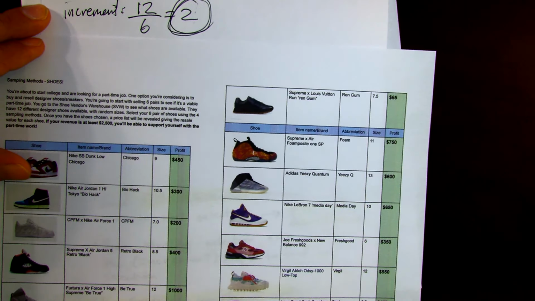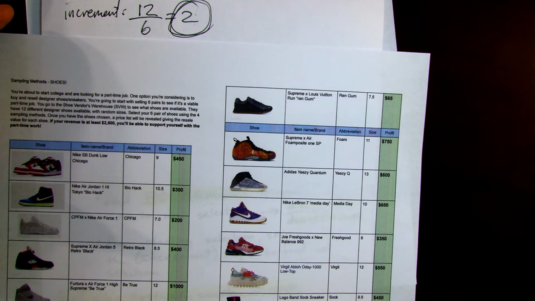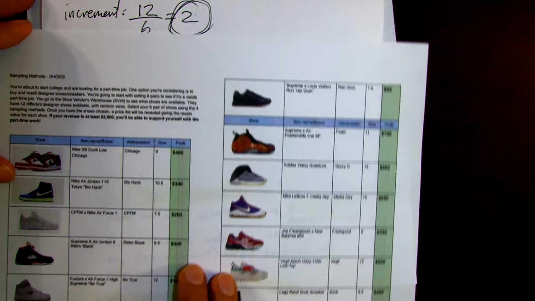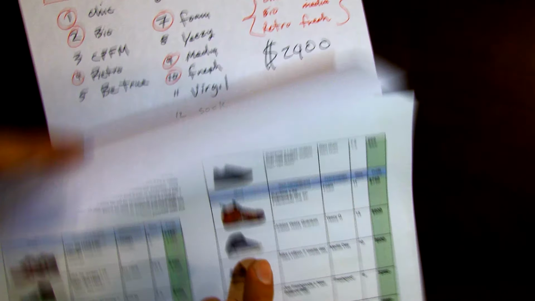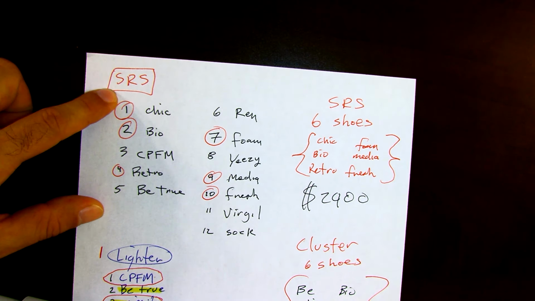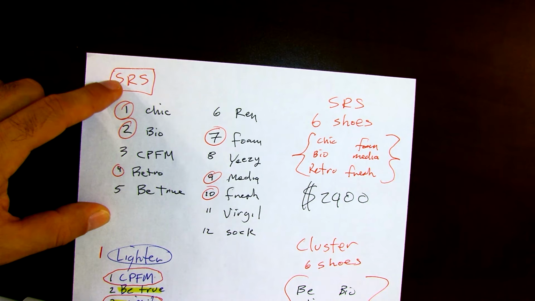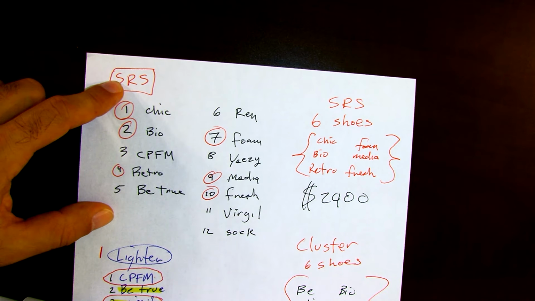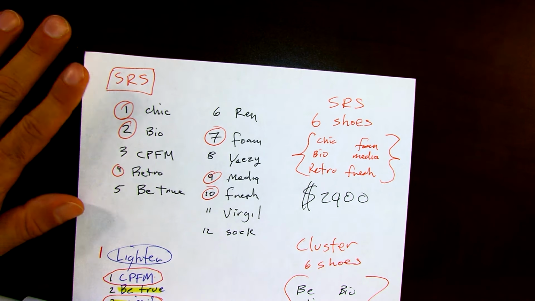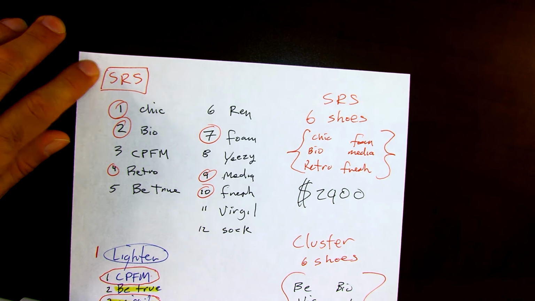Okay, we got an increment of 2. The starting point is the one thing we got to remember. Because the starting point is going to be in the first 2 options. It's either going to be the Chicago or the bio. So whatever you find for your increment, if this was 5, then my starting point would be between 1 and 5, right?